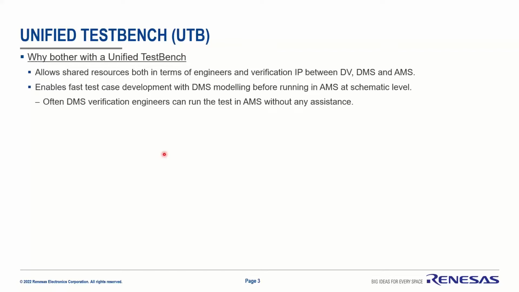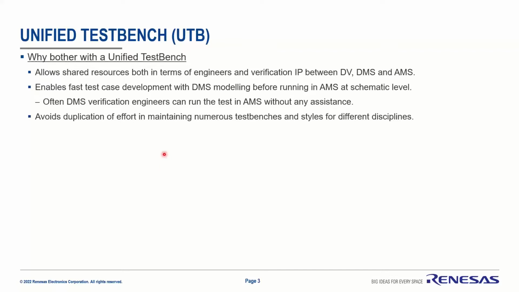At the stage we've got to at the moment, our digital guys are able to literally flick a switch and run the same test in AMS without any assistance. So this gives us a real advantage. Instead of having to have multiple verification teams, we've really got one. Now, it's not to say that the DMS verification guy is an expert in AMS and able to debug the problems, but it means that he should, out of the box, be able to get things going.